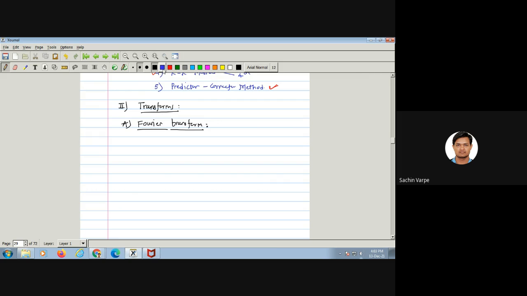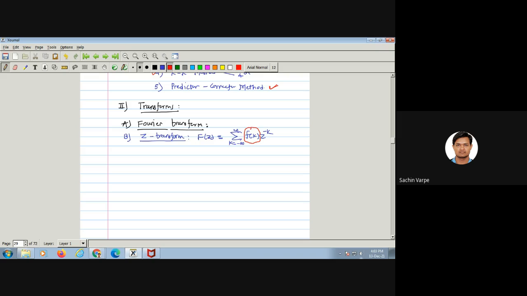The next is we have seen as a Z transform. Z transform is actually the complex transform, which gives the definition F(z) to be summation of f(k) z raised to minus k, where k varies from minus infinity to infinity. This is a complex transform of a given sequence.